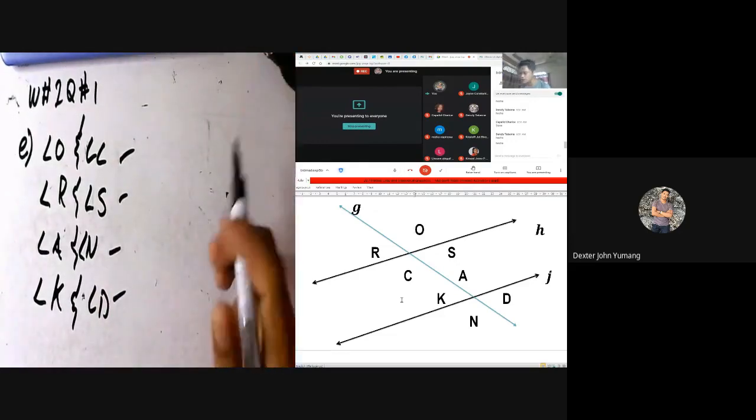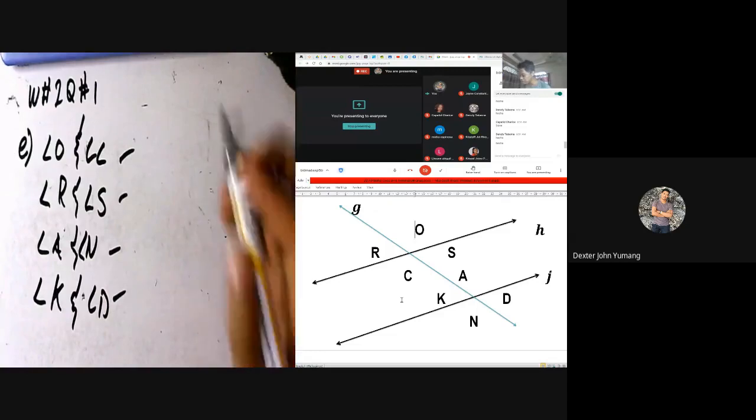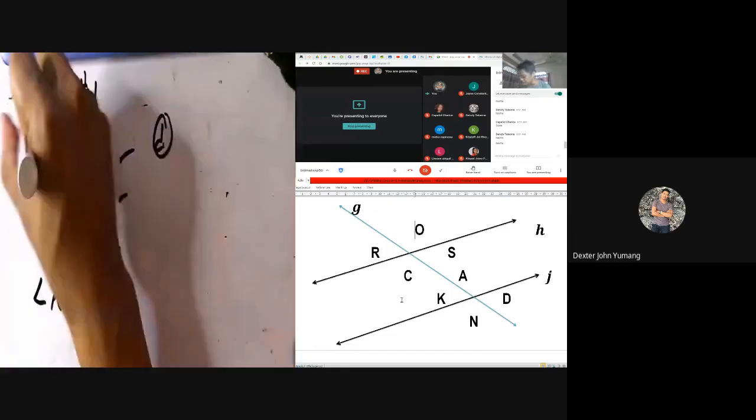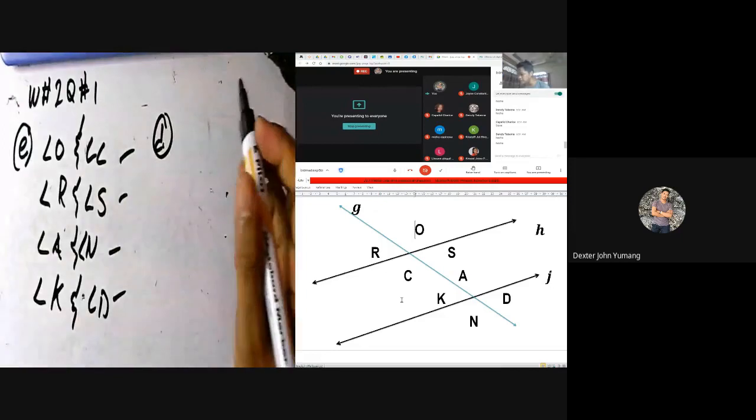The next one is the angle pairs. Ay, linear pair pala.